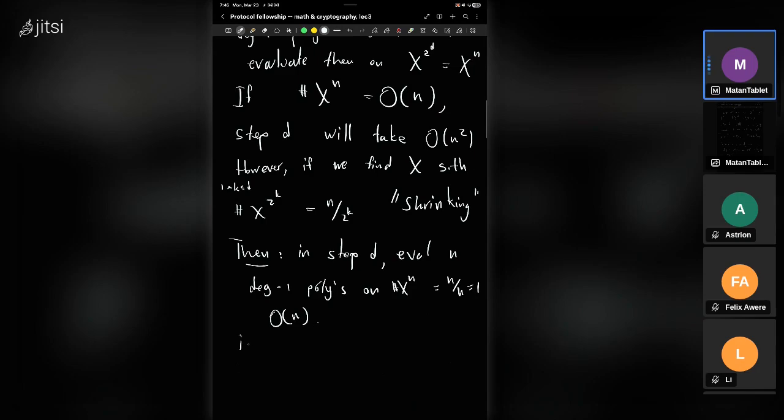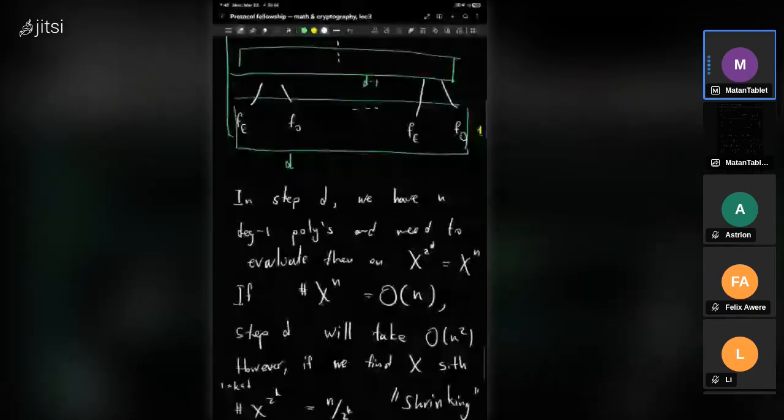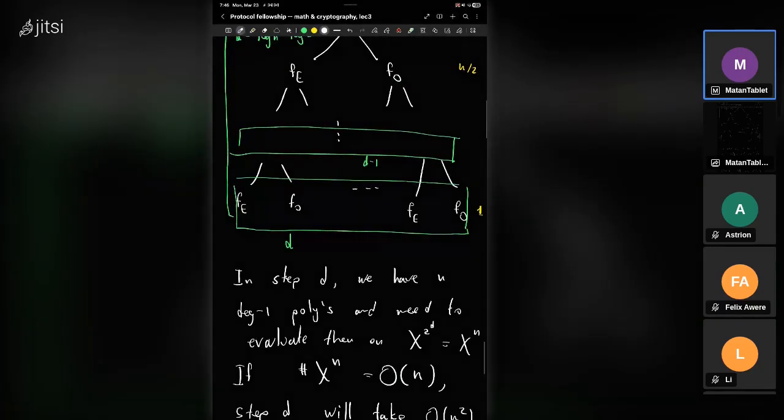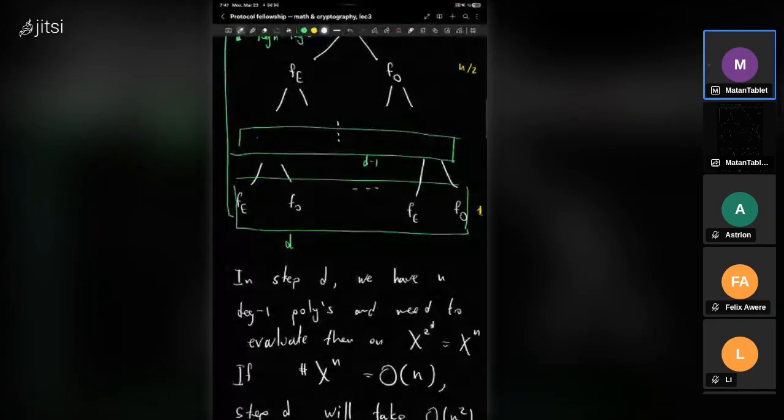In step d minus 1, if I go up the recursion tree, what happens? Instead of n polynomials, I have n over 2 polynomials.